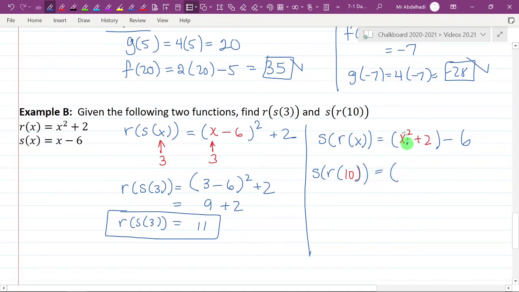And this becomes a 10 as well. So this becomes 10 squared plus 2 in here, minus 6, right? And let's see what we get. Well, PEMDAS, exponent first. So 10 squared is 100, plus 2 is 102, and 102 minus 6 is 96. So that's S of R of 10.